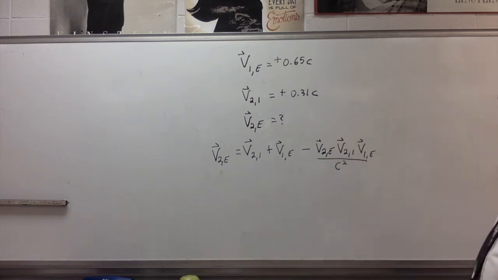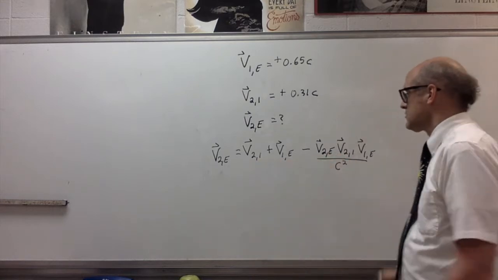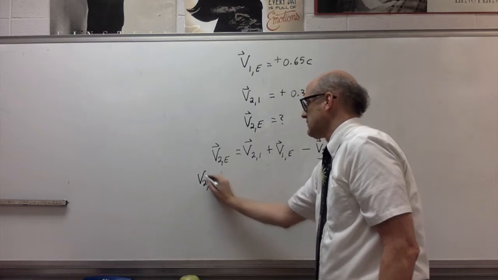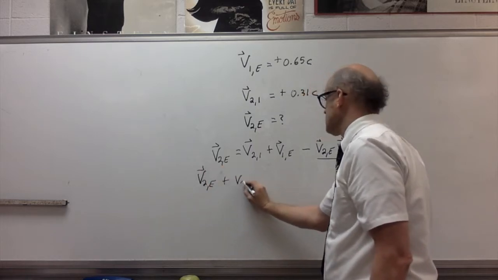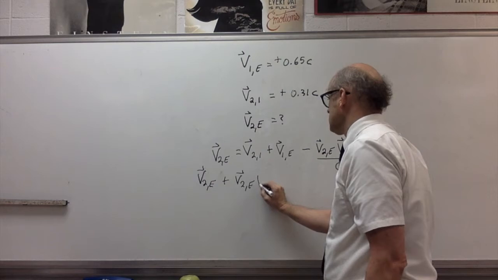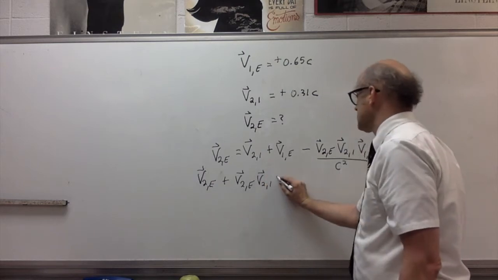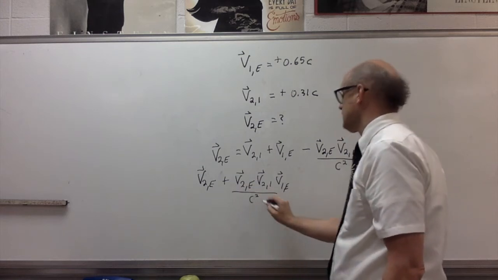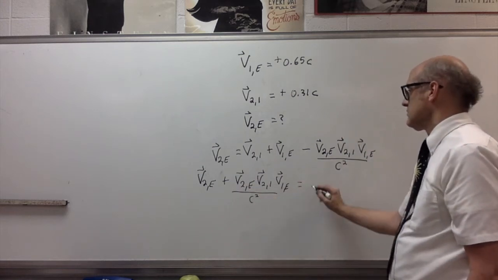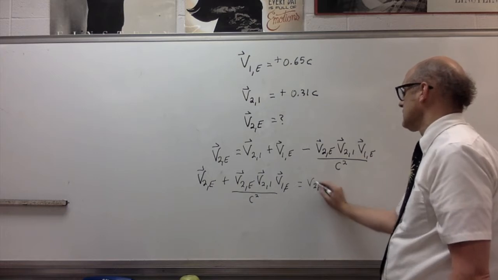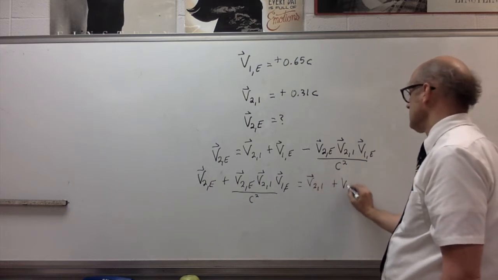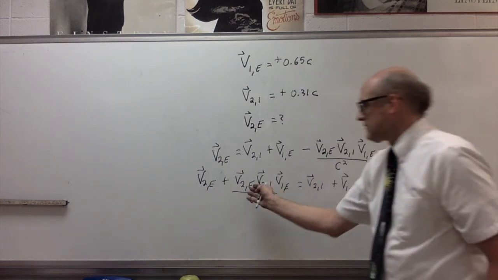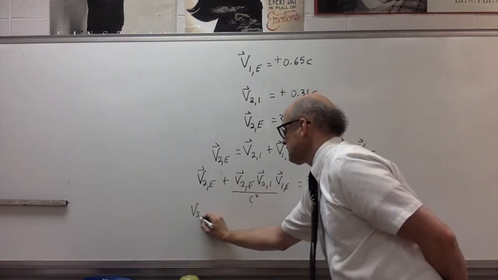So now we need to solve that for V2E. So I'm going to take this term and put it on the left. So we have V2E plus V2E times V21 times V1E all over c squared, and that's equal to V21 plus V1E. Now I'm going to factor out V2E, the unknown.